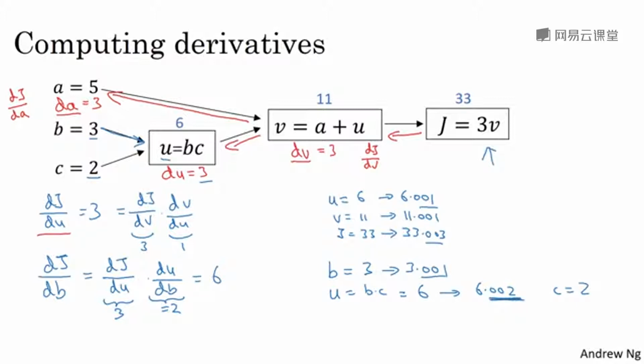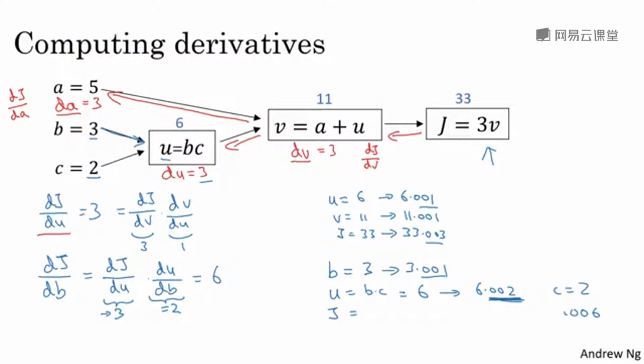The fact that dj du is equal to 3 tells us that when u goes up by 0.002, j goes up 3 times as much. So j should go up by 0.006, right?